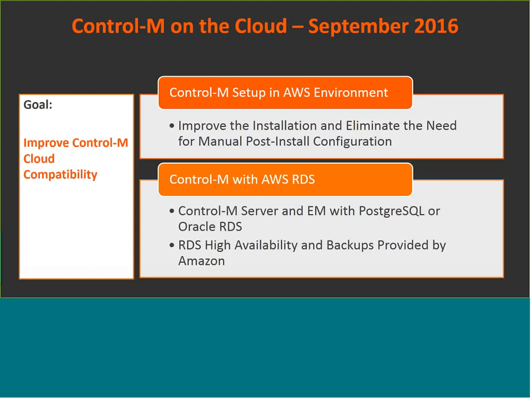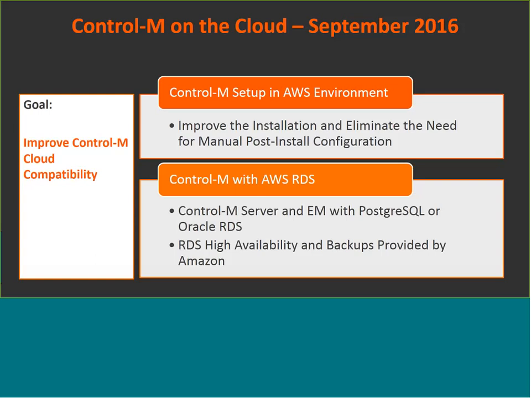So in September of last year, we started looking at what we were doing in cloud and how we needed to continue to evolve. And one of the first goals was to start improving how compatible we are with cloud infrastructures. When we started going down that path, we started asking lots of questions of customers about what that meant to them. Many of them said to us, we really want to start leveraging the platform as a service capabilities that an Amazon or an Azure provide.